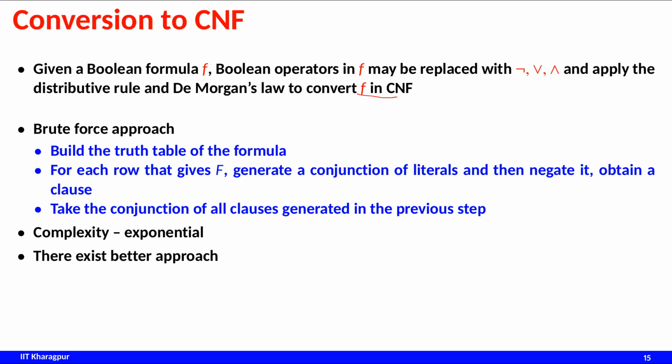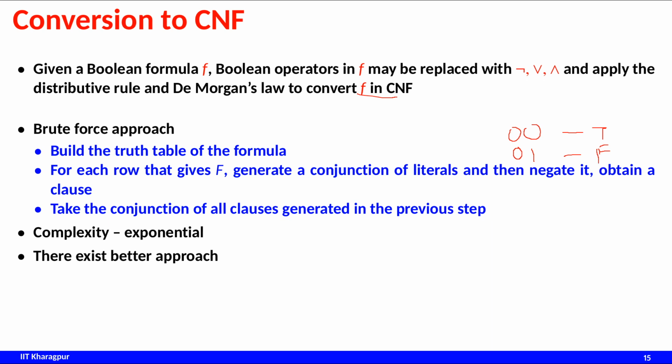One of the brute force approaches that we can take is to construct the truth table, which will have a set of entries for which the formula is true, and for certain entries I will have F as the output of the Boolean formula.